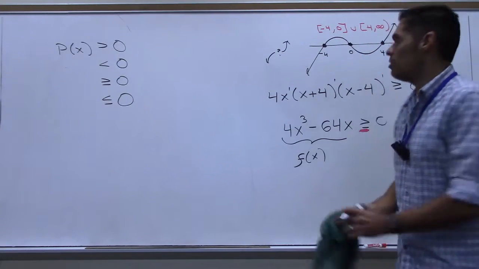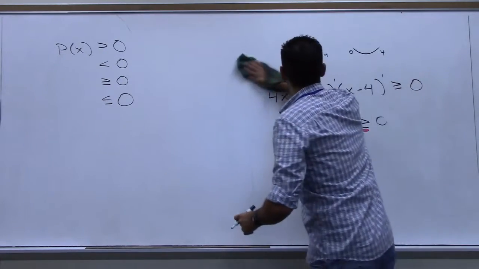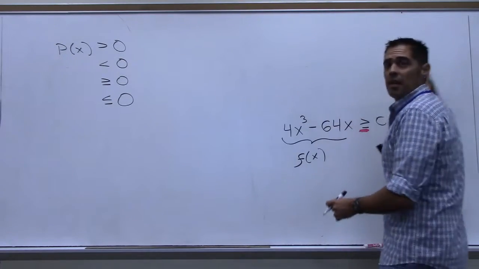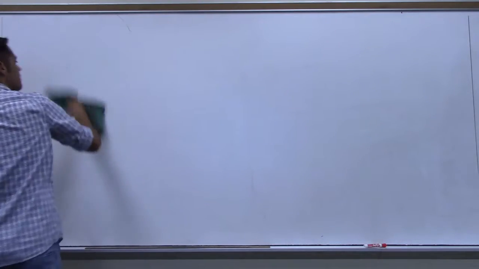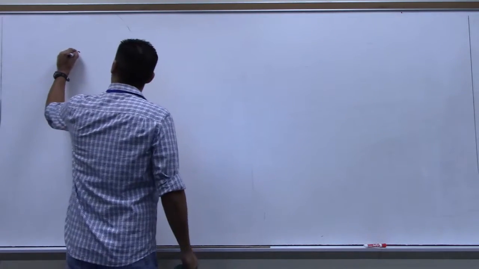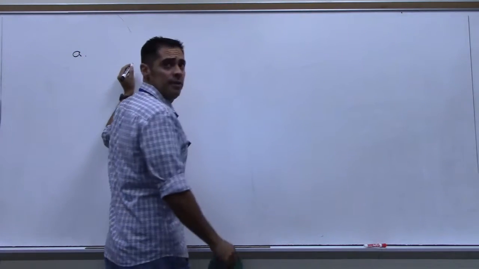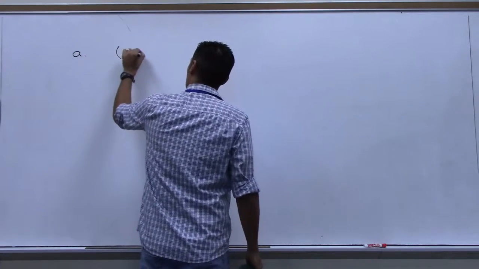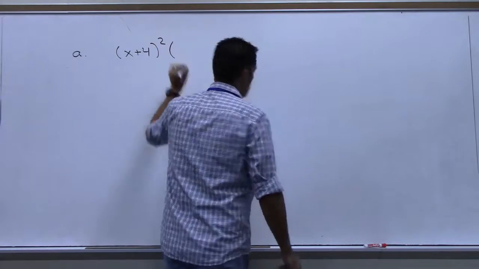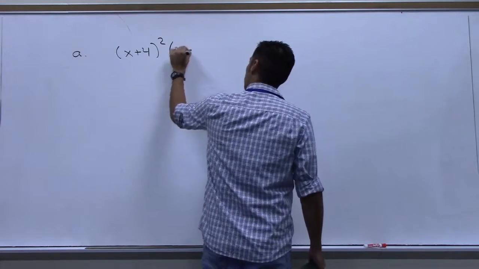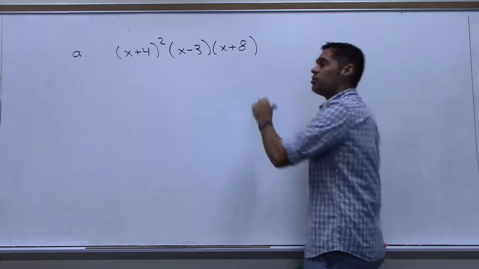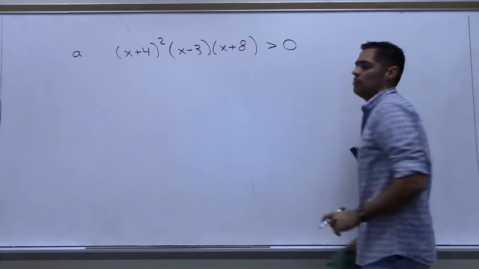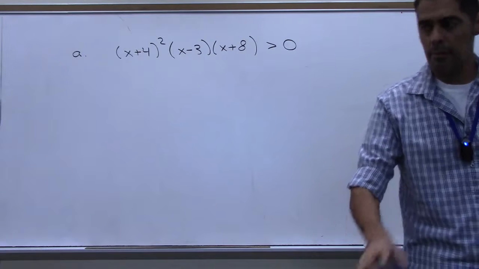So let's do the first one. I think we just did the second one. We did B already, but let's look at A. Solve x plus 4 squared times x minus 3 times x plus 8 strictly greater than 0.